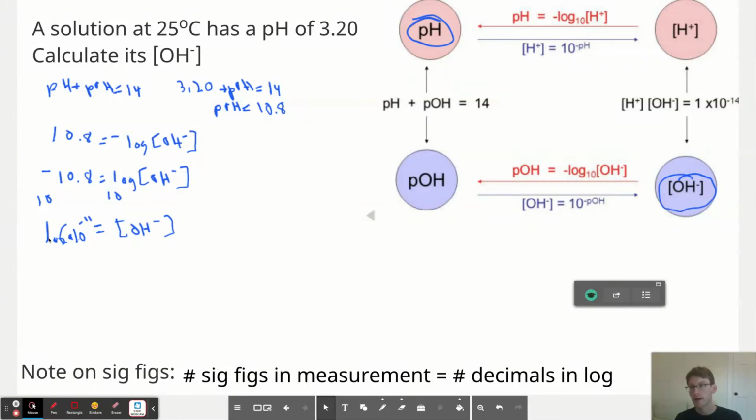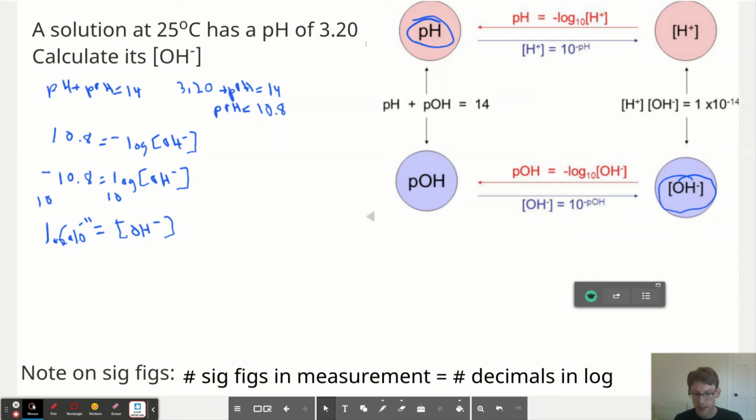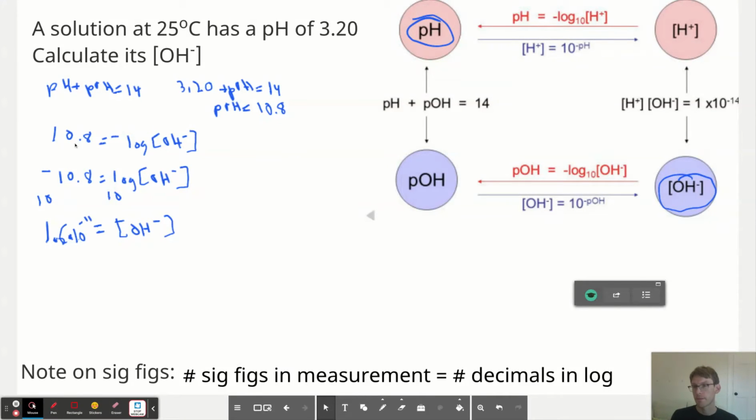So I need to have 1.6 times 10 to the negative 11th. If I said 1.58, I would need to have a third decimal in my pH for that to be a possibility. Now, I've shown you how to go from pH down to pOH and over to OH minus concentration.